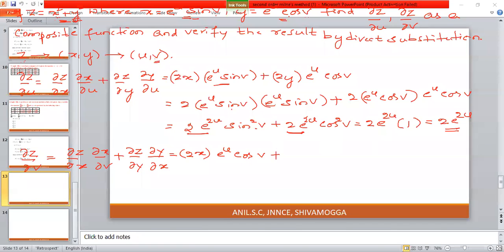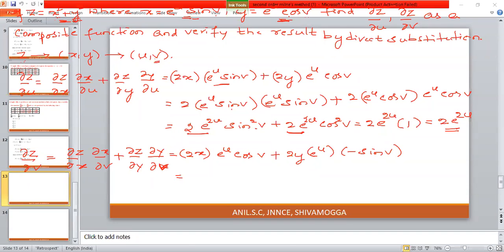Derivative of x square is 0 and the derivative of y square is 2y into del y by del v. Differentiate this with respect to v, treating u as constant. E power u is a constant, keep it as is. And derivative of cos v is minus sin v.